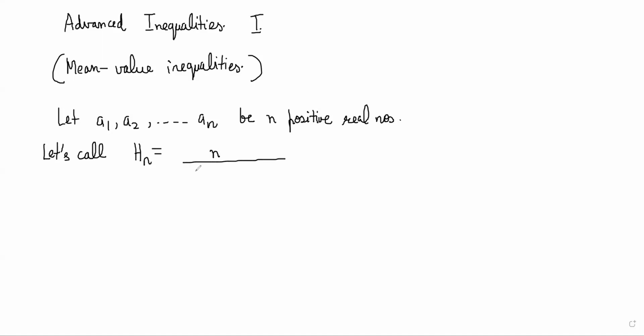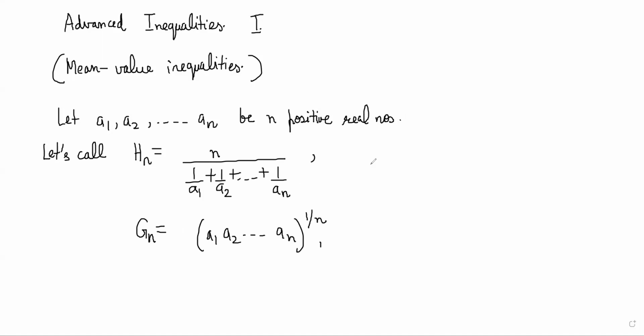This will be n by 1 by a1 plus 1 by a2 till 1 by an. Then we have Gn, which would be a1, a2 product an to the power 1 by n. And we have An, the arithmetic mean. Gn was the geometric mean, and arithmetic mean is a1 plus a2 till an by n.